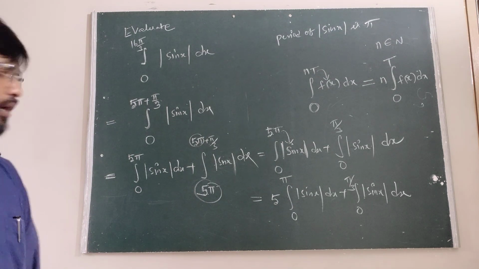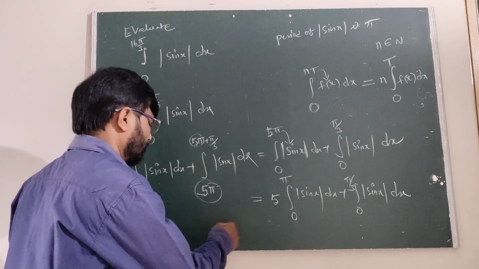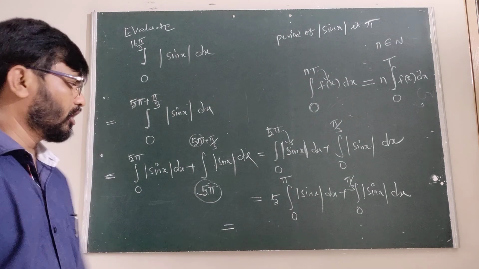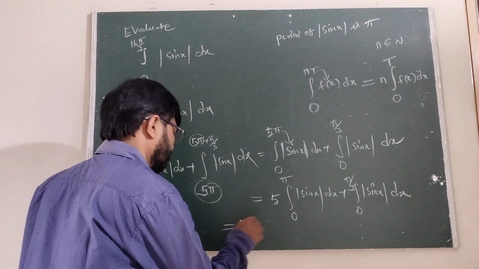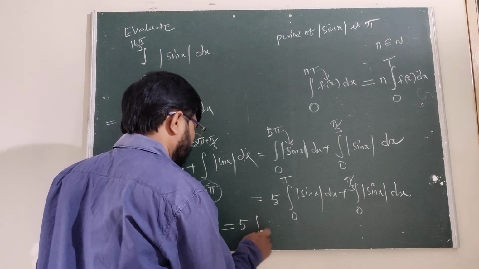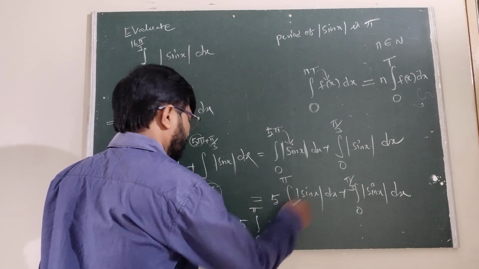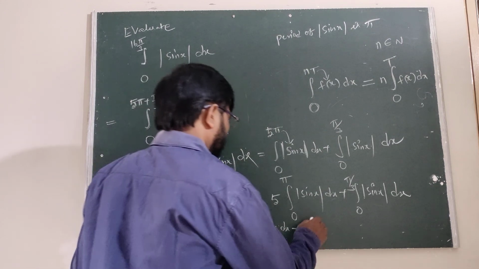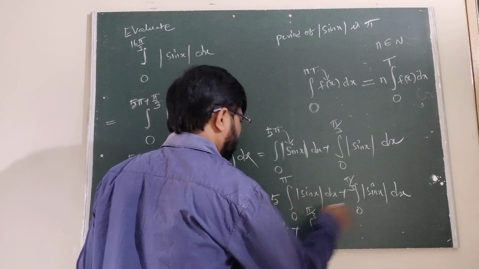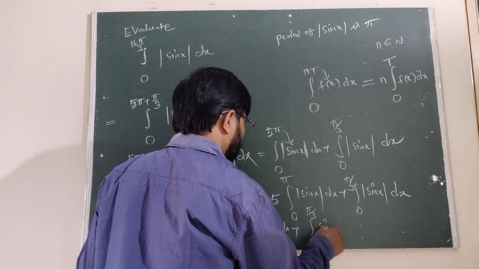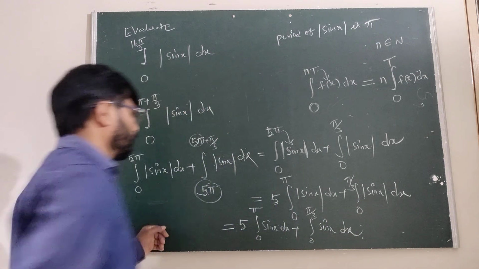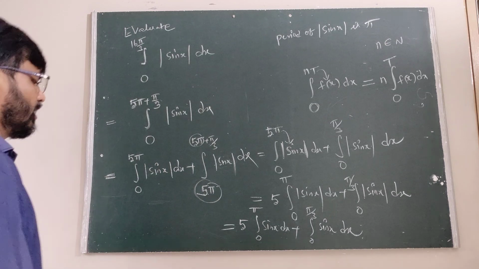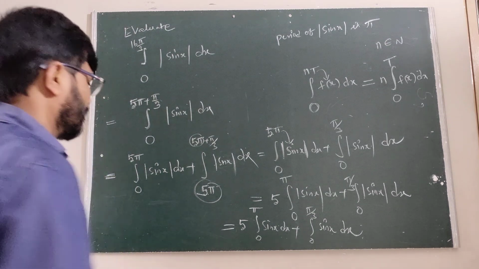Now between 0 and π, the mod of sin x is positive, so mod of sin x is sin x. Between 0 and π/3, mod of sin x is also sin x.